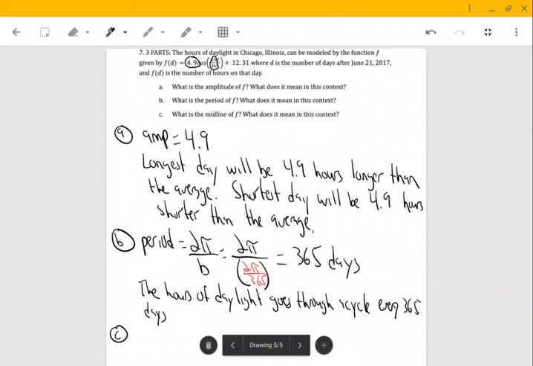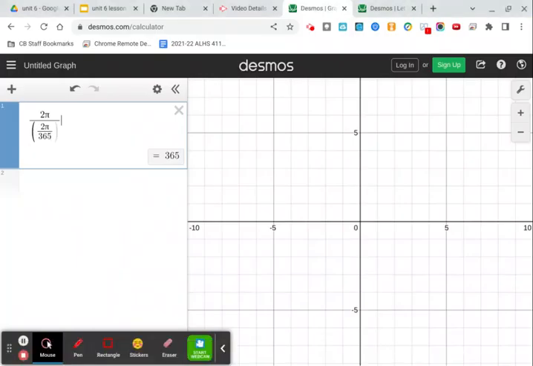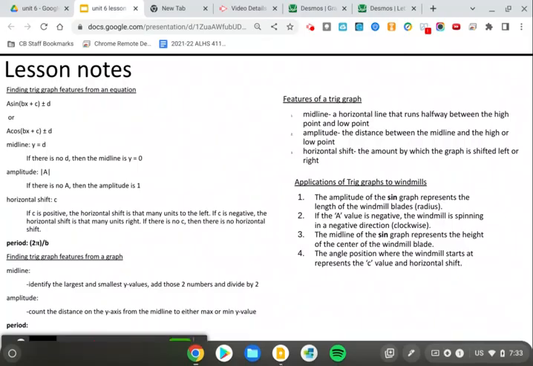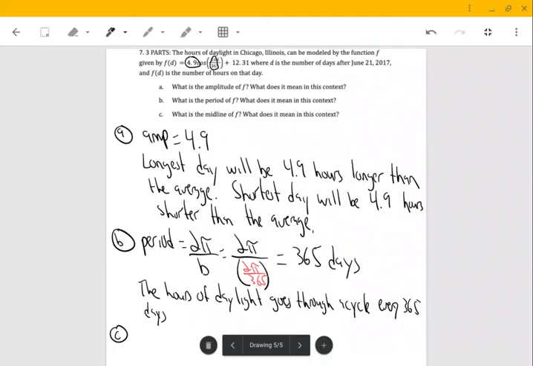So that's B. C is the midline. Remember, the midline is the number that is outside the parentheses. There's a D value here. In this case, the midline is going to be 12.31. Okay, that's the center.